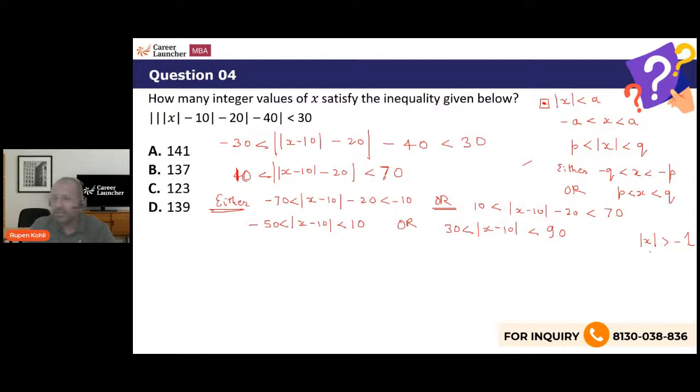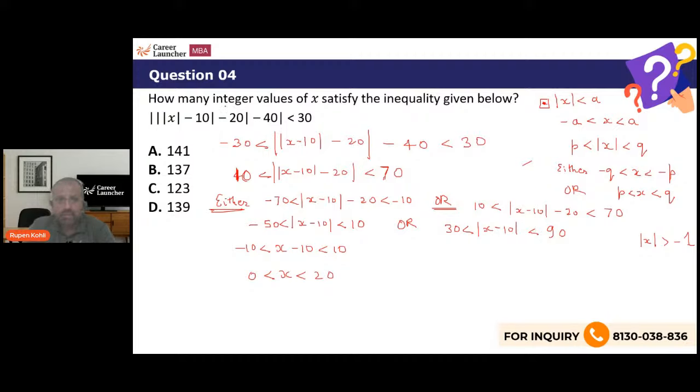Mod is never negative. So the lower range, which is minus 50, does not give us any solution. The only solution comes from mod x minus 10 less than 10, which means x minus 10 lies from minus 10 to plus 10, which means finally that x lies from 0 to 20.